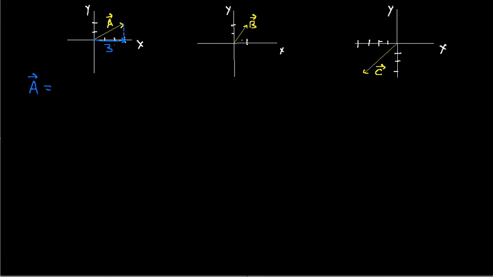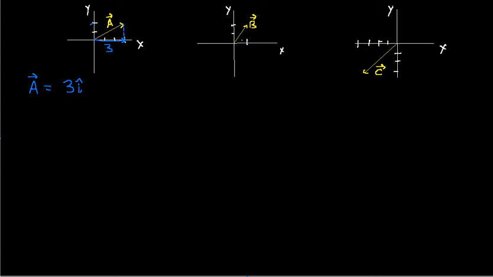So we can express this vector here as 3 i hat. i hat is the unit vector in the x direction, and 3 times the unit vector of 1 will give you this vector here.